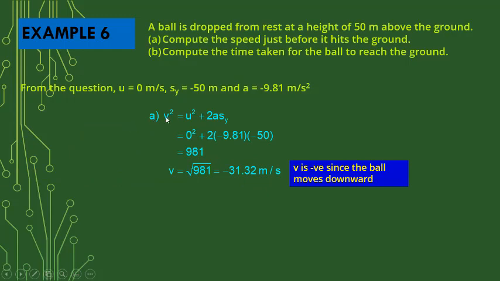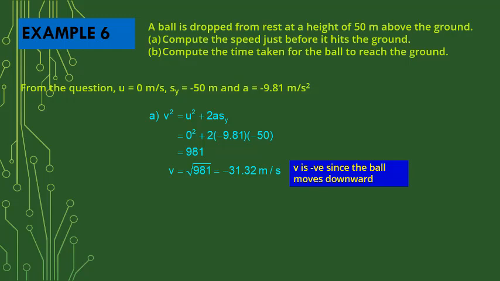A. Calculating the speed, we use v square equal to u square plus 2as. Substituting all the values, we have v equal to square root of 981. Square root of 981 has two values, positive or negative 31.32.